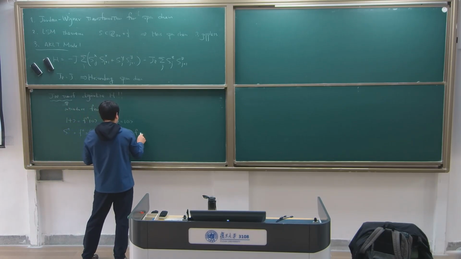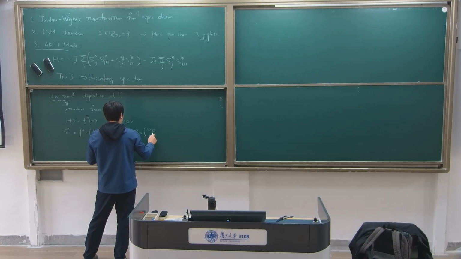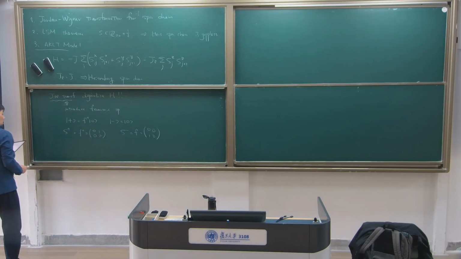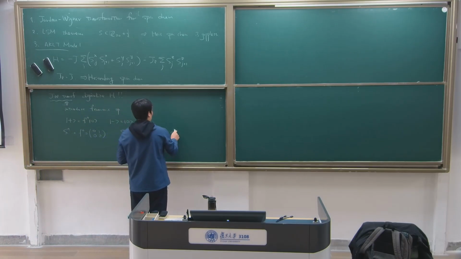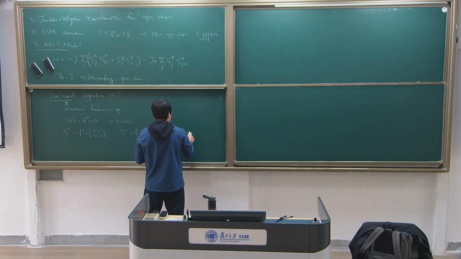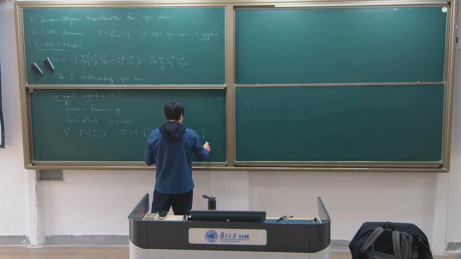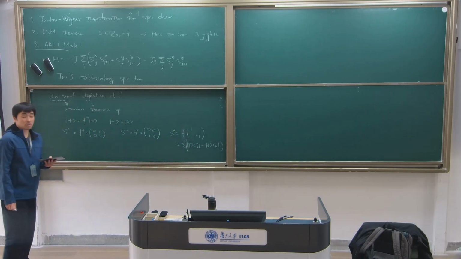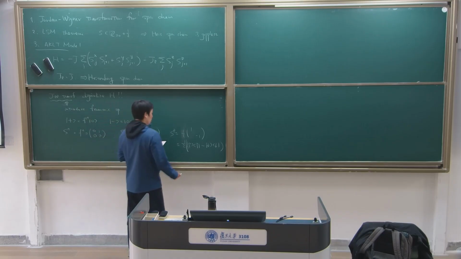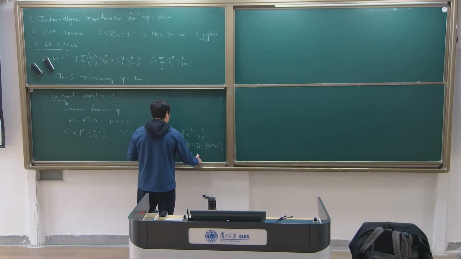Minus f, which is... and S3, so S3 can be understood like this, which can be understood as the entire f minus 1 half.